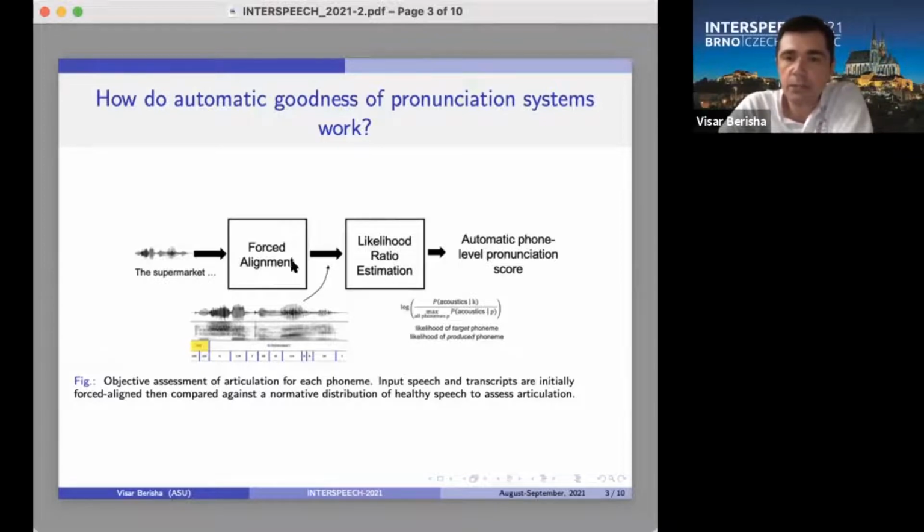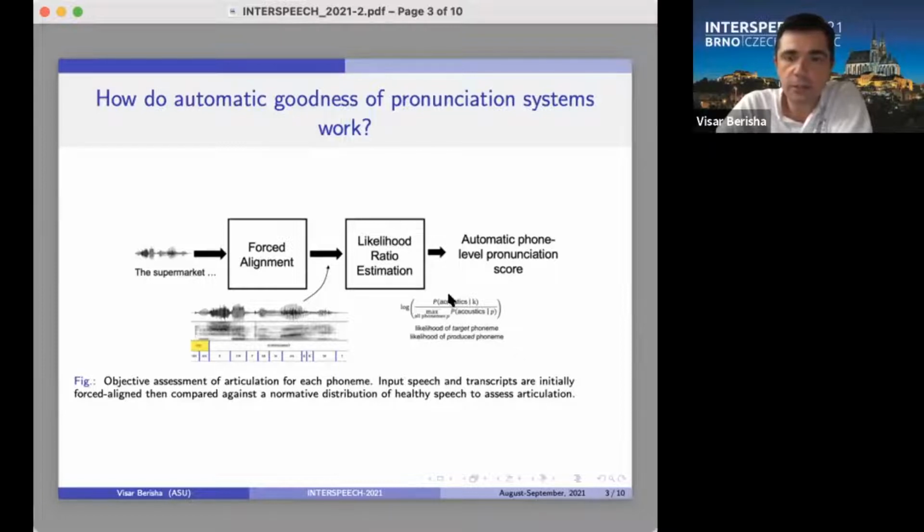For each of the phonemes that was aligned in the previous step, you calculate two probabilities. First, you calculate the probability from the acoustic model for the phoneme under consideration. Let's say we're considering the phoneme k. You calculate the probability of the acoustics given k, and you calculate the maximum probability across all phonemes in your pronunciation dictionary. Hopefully these two are the same, right?